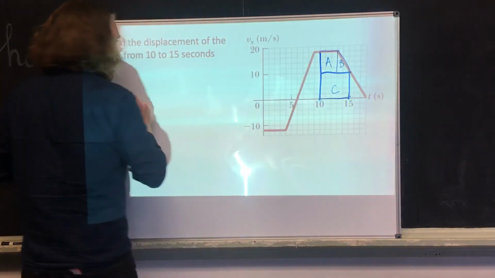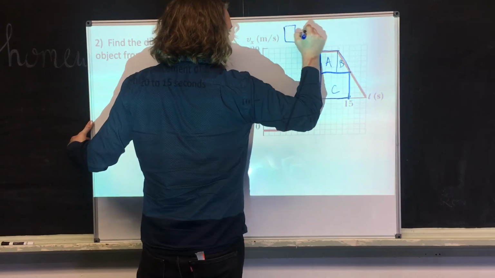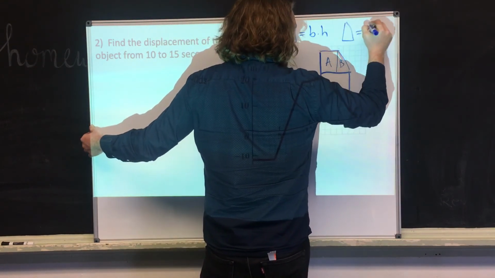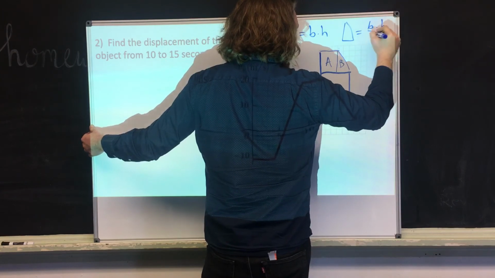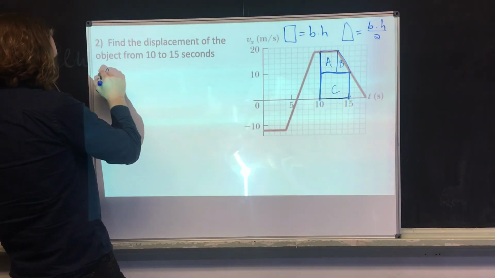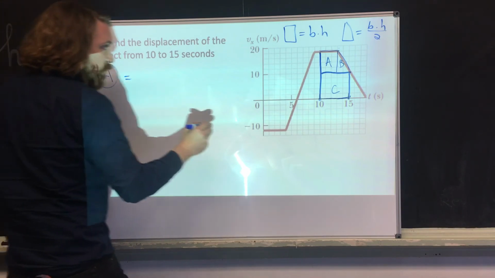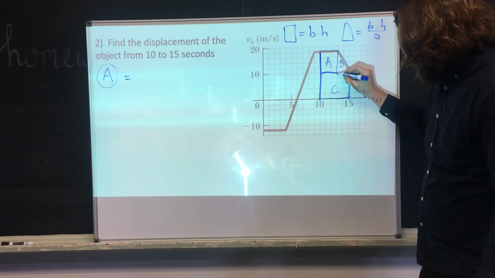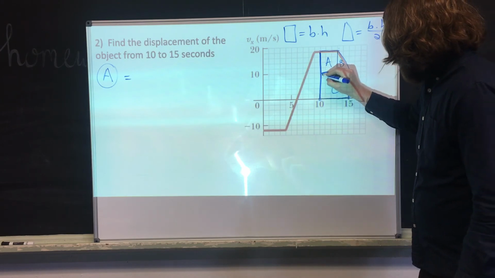Let's find A. So again, rectangles are equal to base times height. Triangles are equal to base times height divided by 2. Well, A is obviously a rectangle. So A equals my base. So let's see here. We go from 10 to 13.